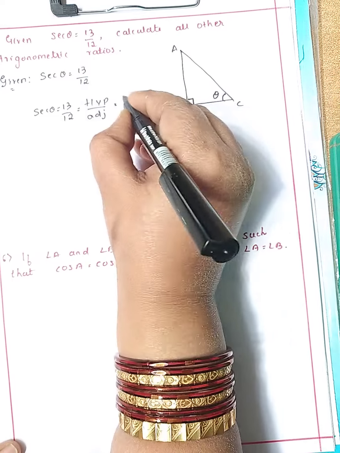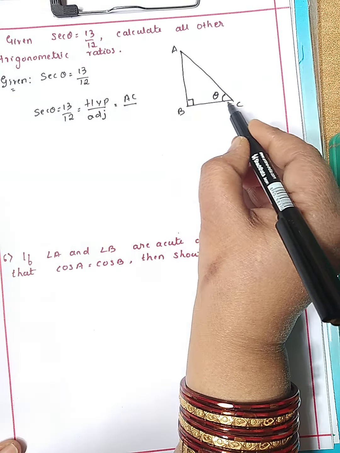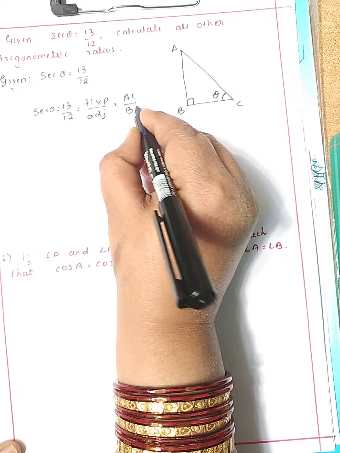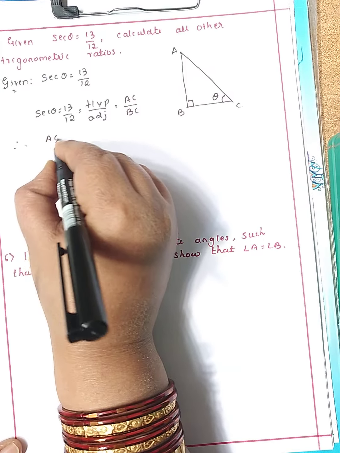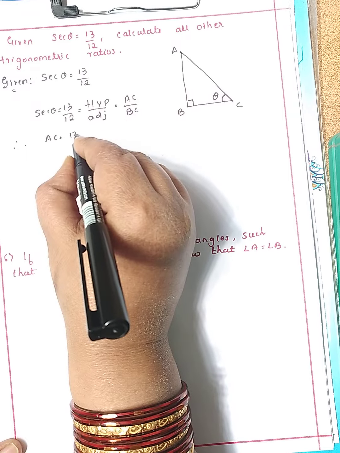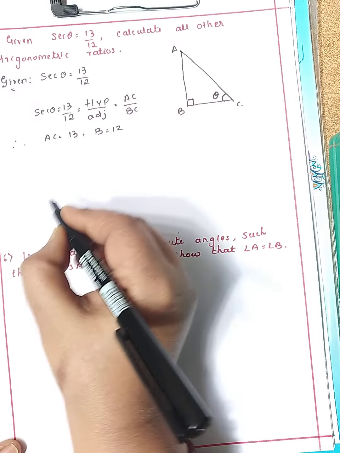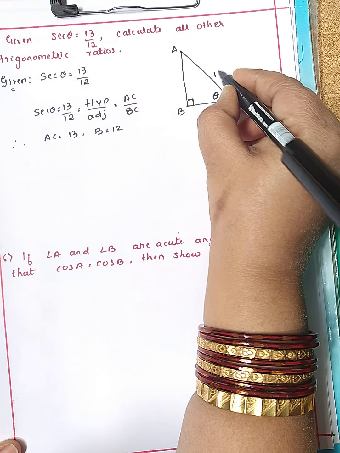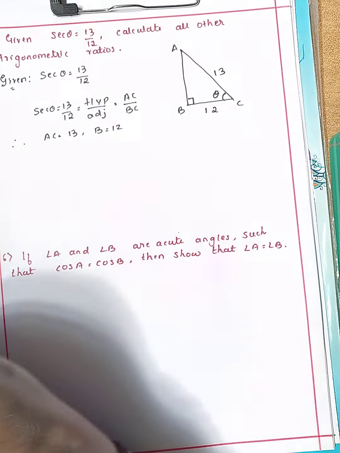Hypotenuse is AC and for theta, adjacent side is BC. Therefore, AC equal to 13 and BC equal to 12. Right here, AC is 13 and BC is 12.